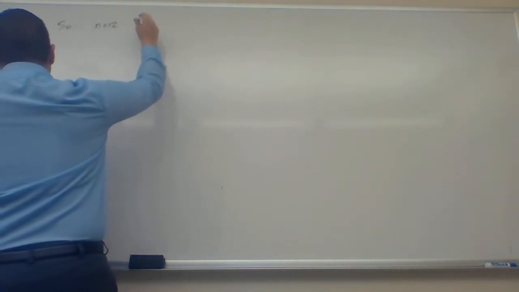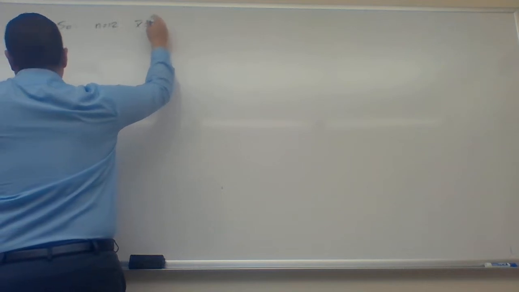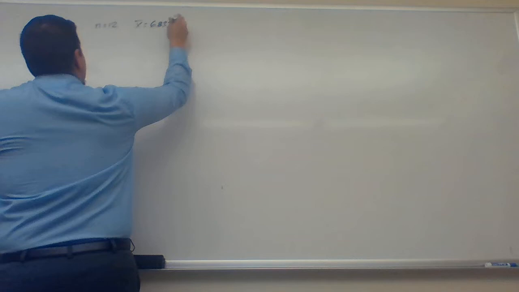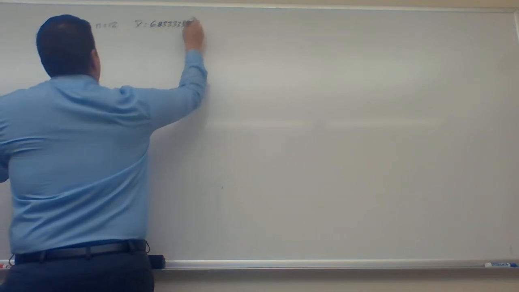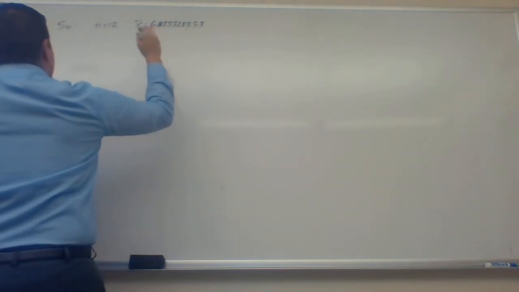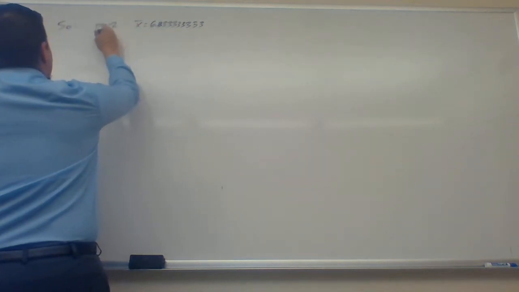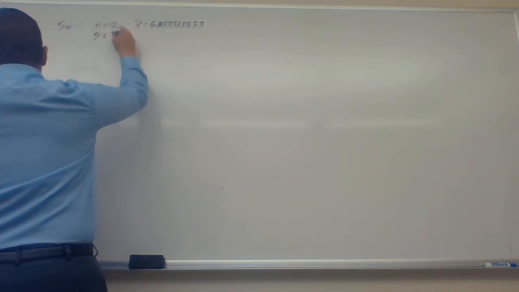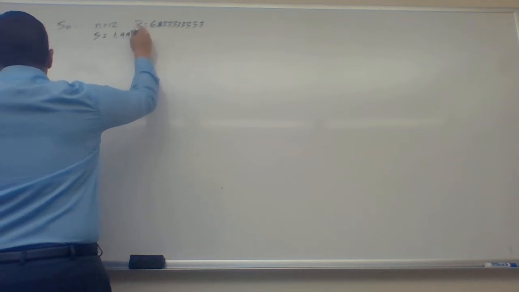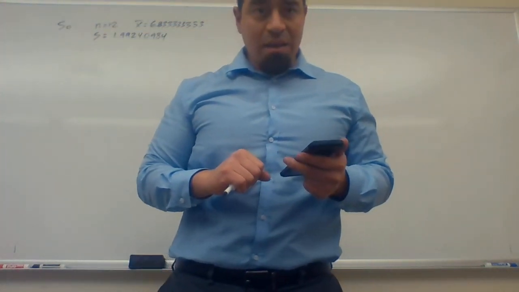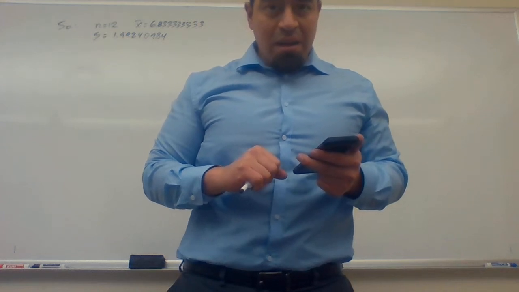It gives me the data, and I went ahead and calculated the statistics. The mean is 6.833, and your standard deviation, your Sx, would be 1.99240984.